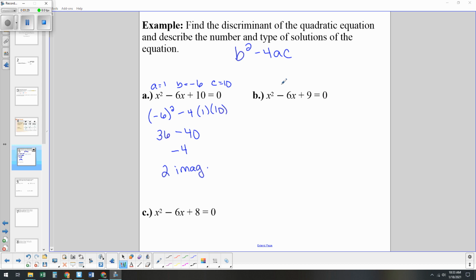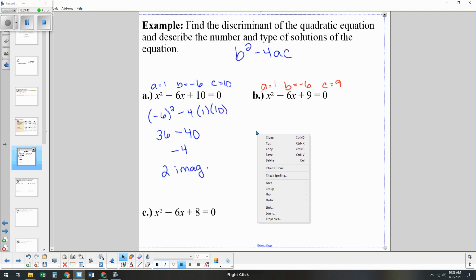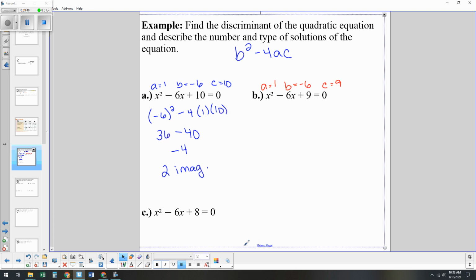Okay, on the next one, we have A is 1, B is negative 6, and C is 9.